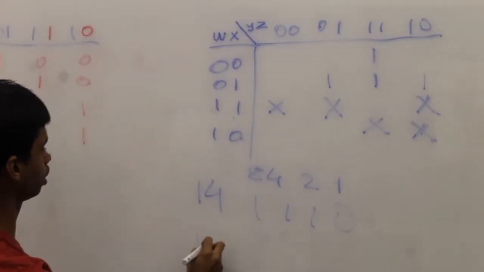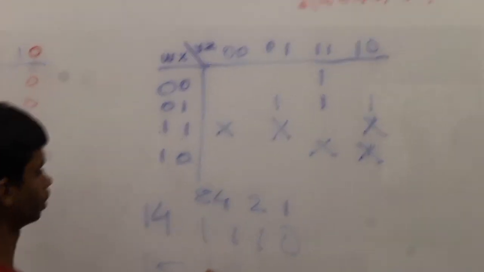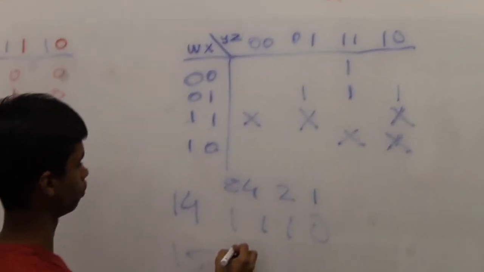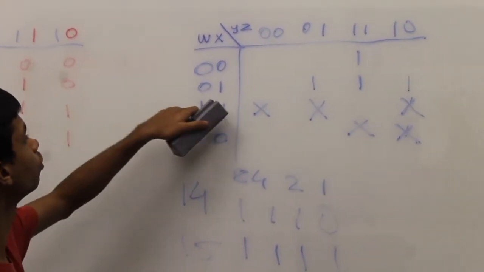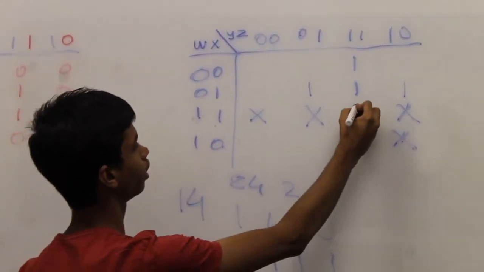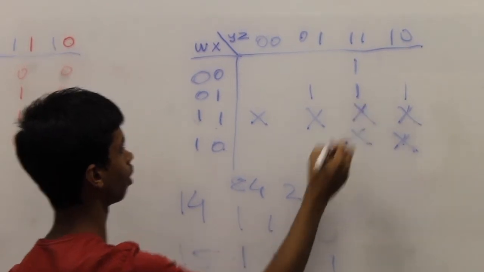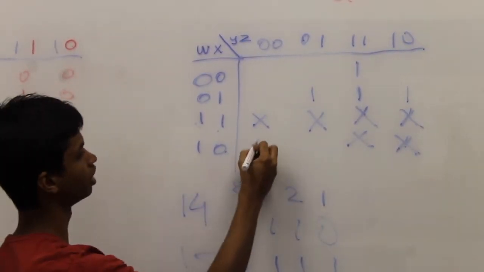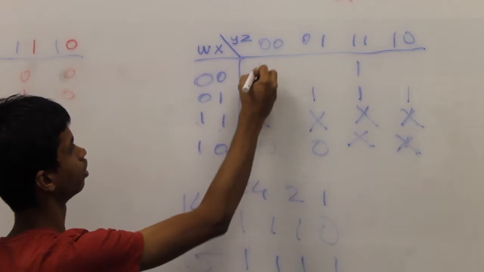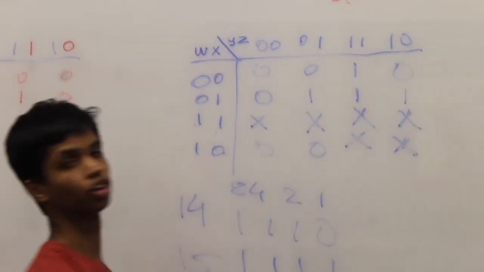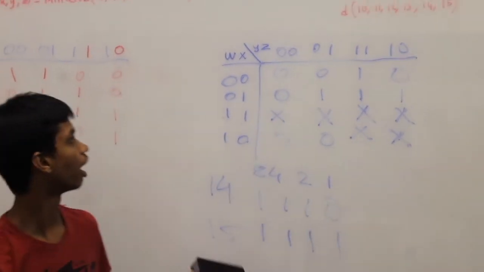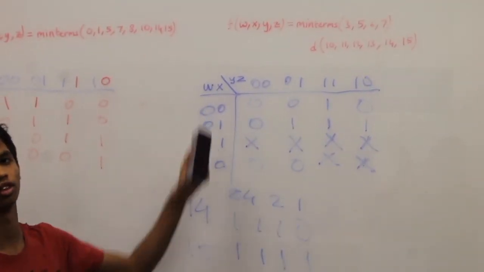All the remaining terms will be 0. So here we are. This is the final step and we have found the K-map of this question.